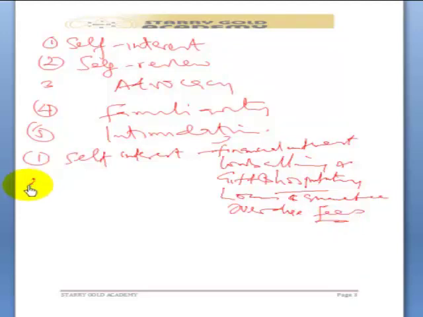What about self-review? Self-review means you are reviewing yourself. For example, in a compilation engagement, the auditor is the one that prepared the financial statement and is also the one reviewing it. Or the client has outsourced the accounting department, so the audit firm sends some people to the company to handle the accounting functions, and at the end of the day the firm will still come to audit that accounting department.